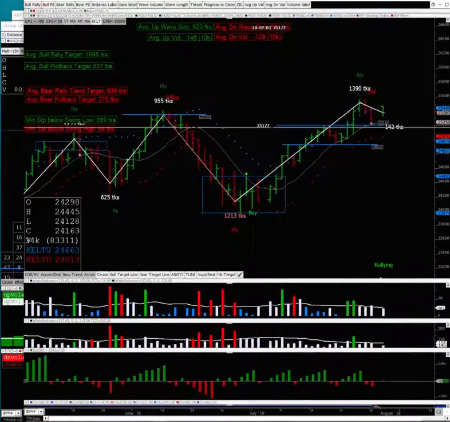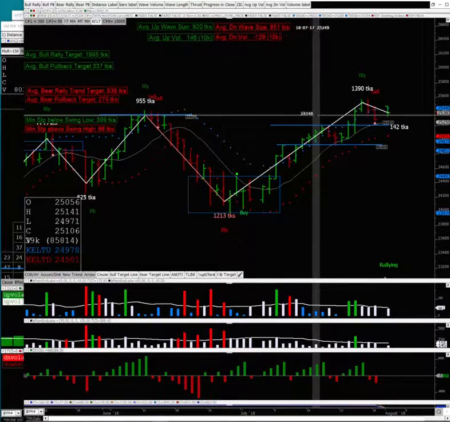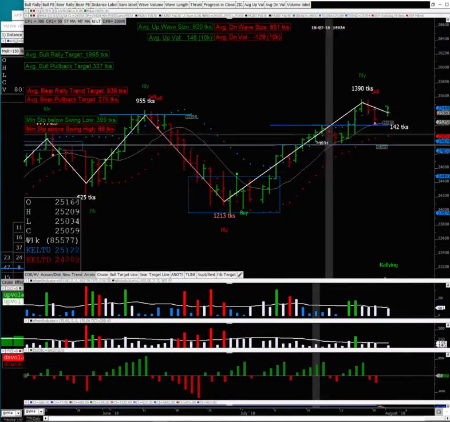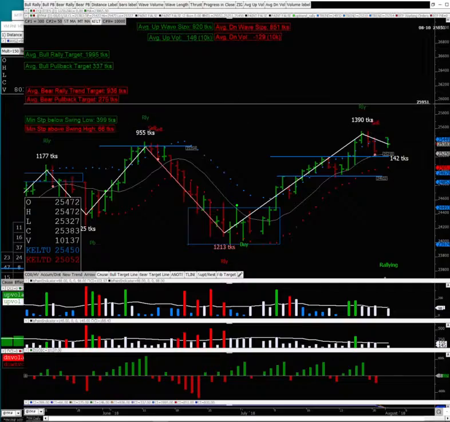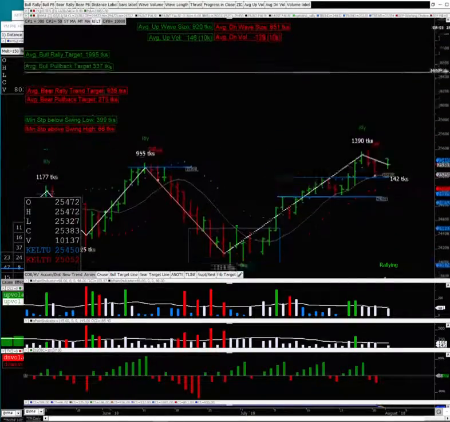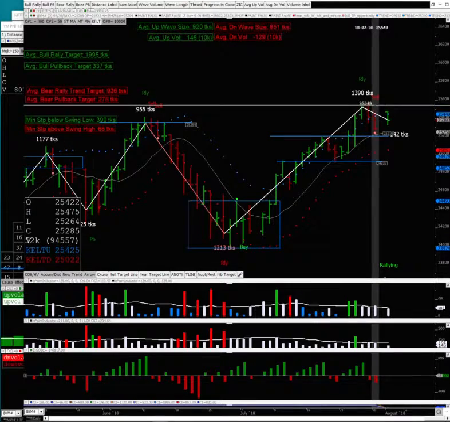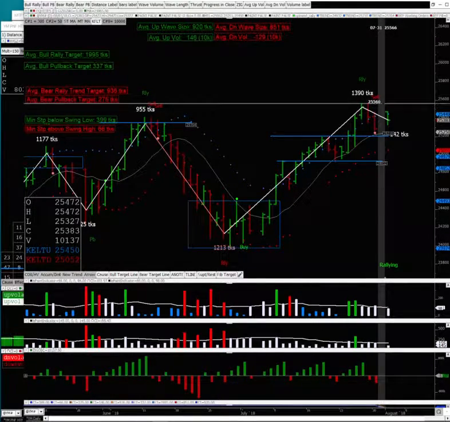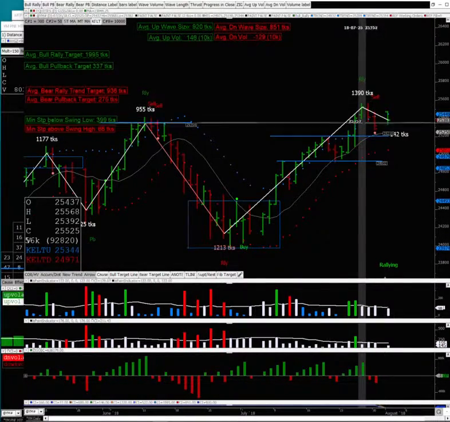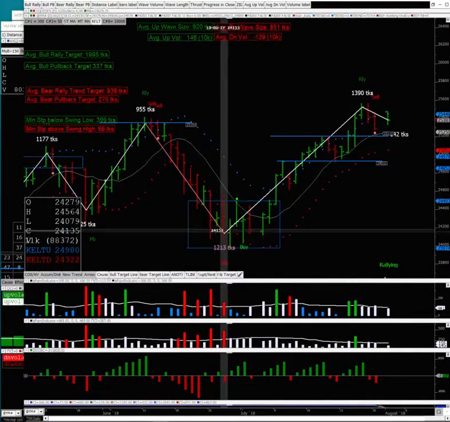On the daily, this is why I don't like it at all. The bulls are in trouble because the market right now is under rotation, right here. And it's a sell signal because they're selling from the highs.